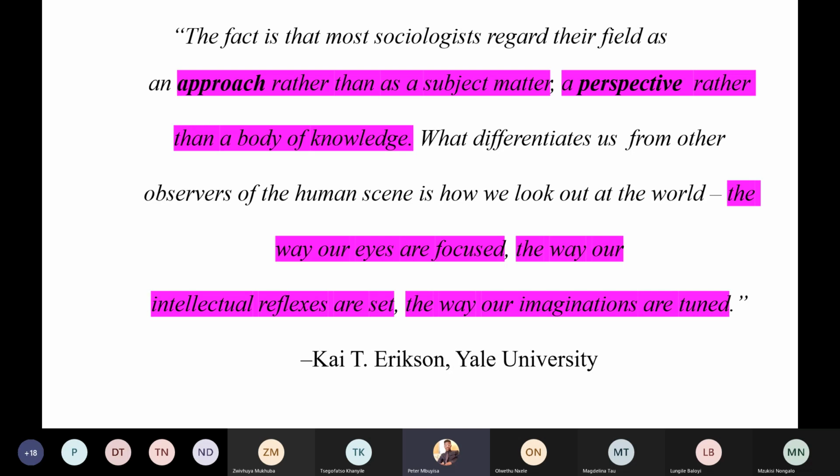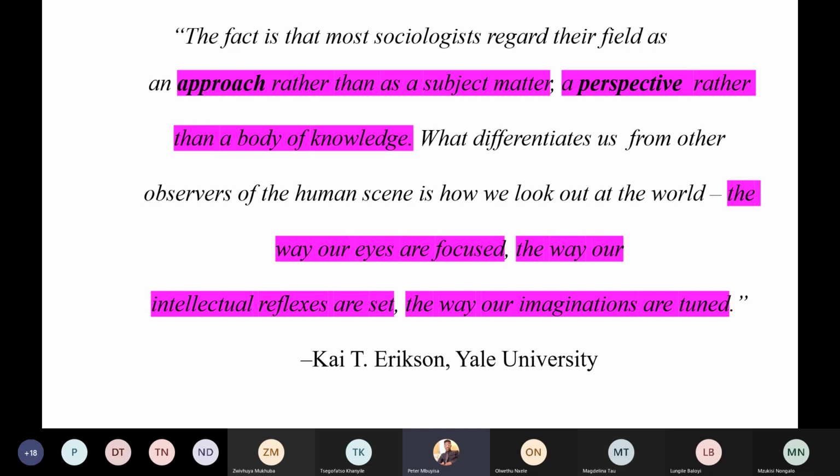It says the fact is that most sociologists regard their field as an approach rather than subject matter, which means that we do not look at society as this inflexible, stationary object that must be studied in a very strict manner. We are open to flexibility, and that's what we mean by it being an approach.